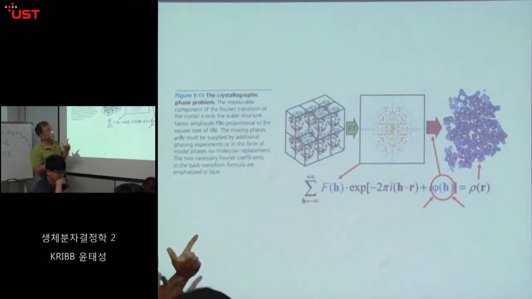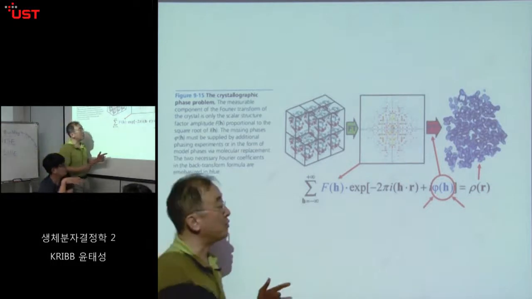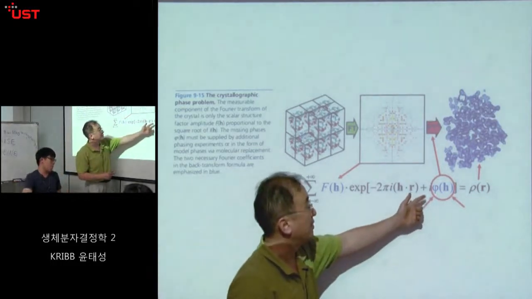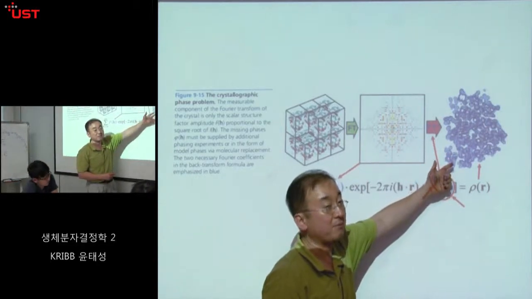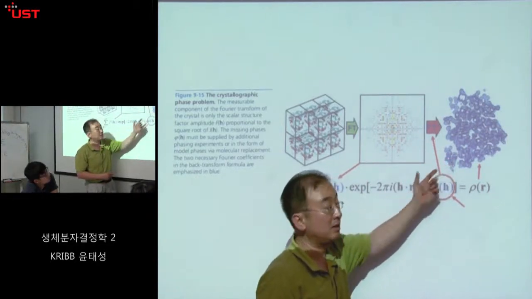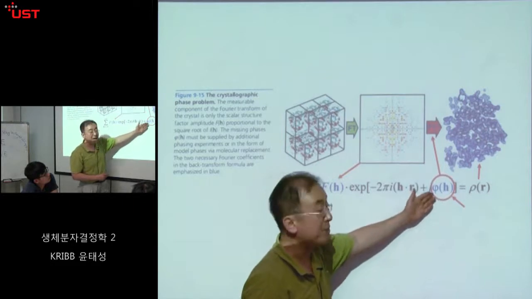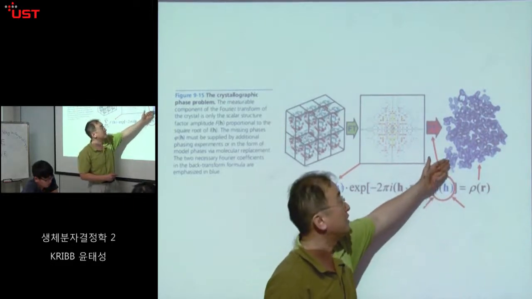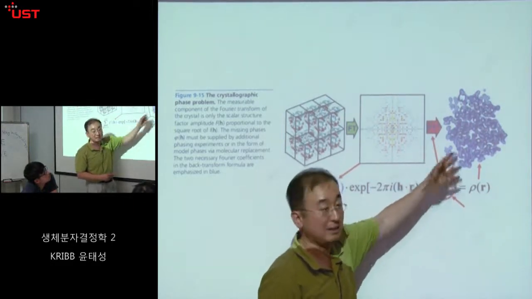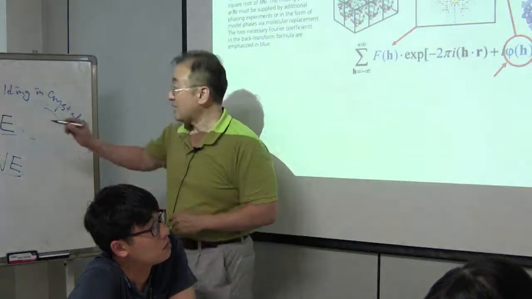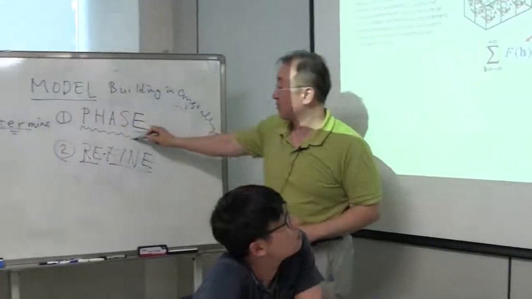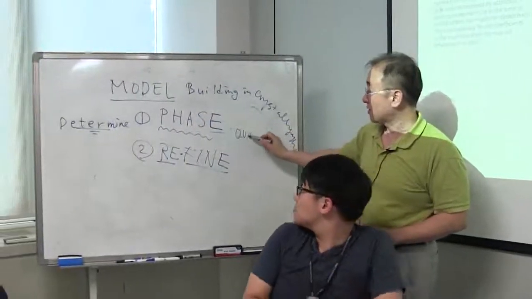So I'd like to emphasize, once we have phase itself, we can reconstruct electron density map. Okay? So once we determine phase, we can determine overall structure like this. So phase gives overall structure.